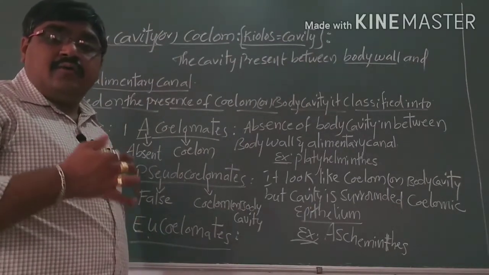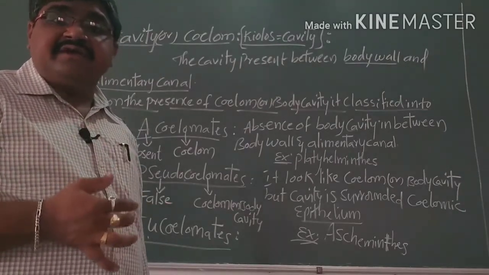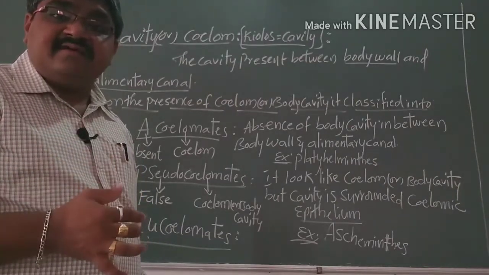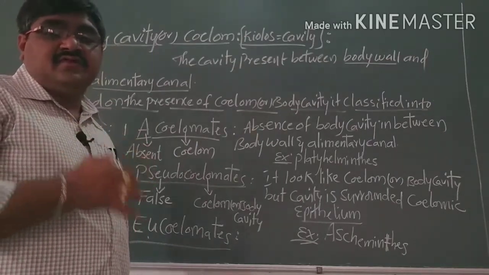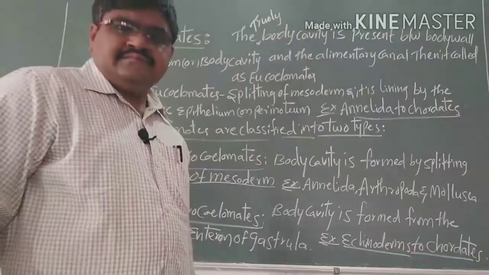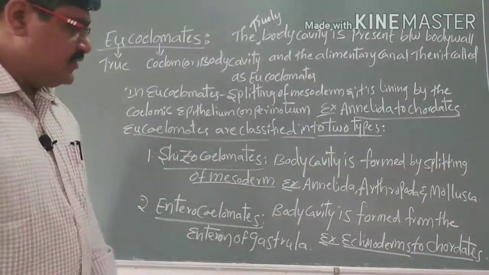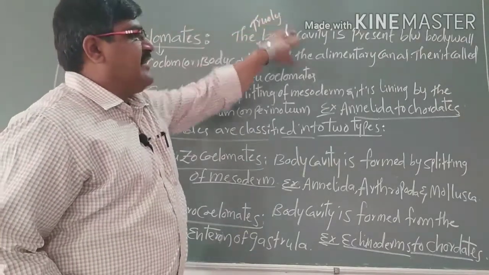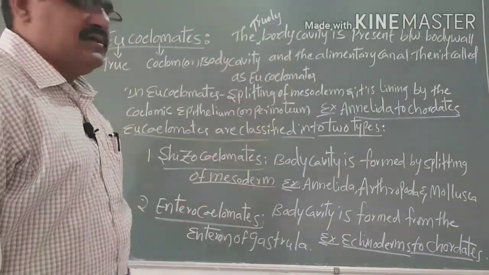Here a true body cavity is present between the body wall and the alimentary canal, and such organisms are called eucoelomates. Now we will discuss what these are.